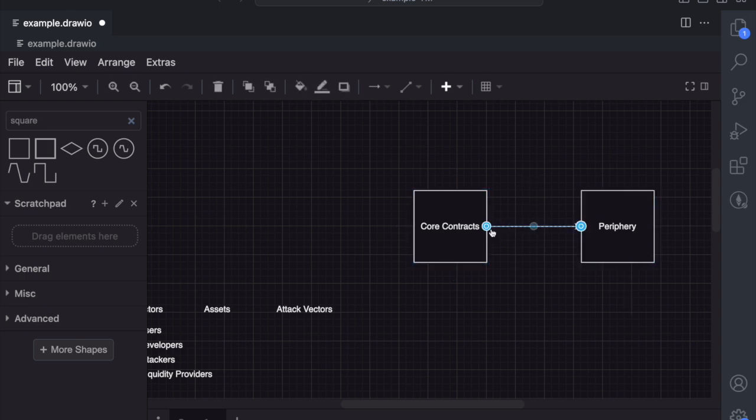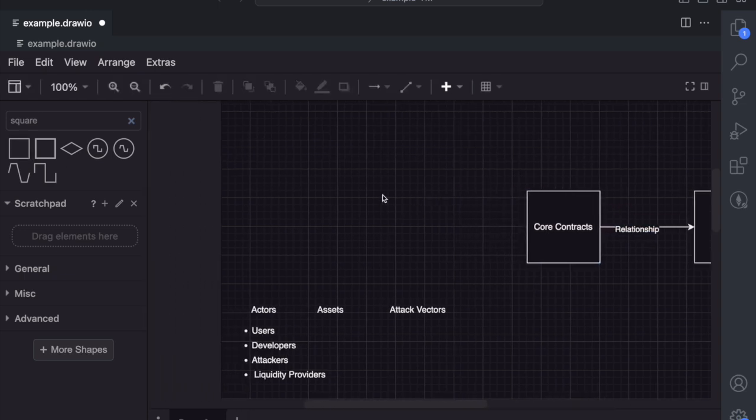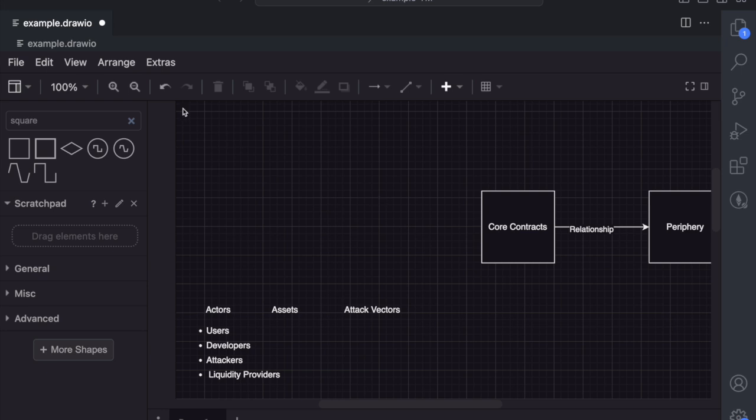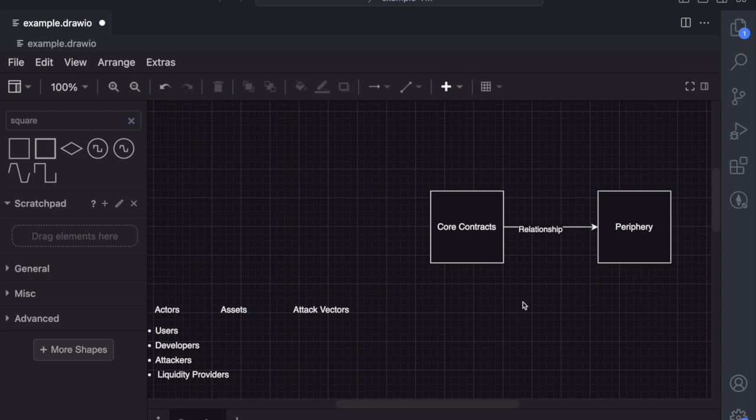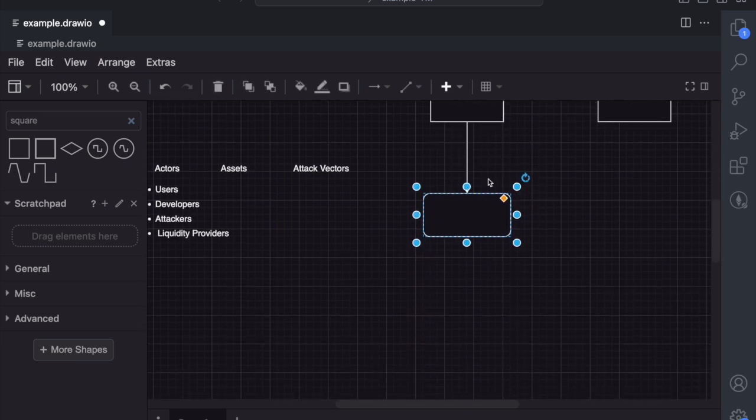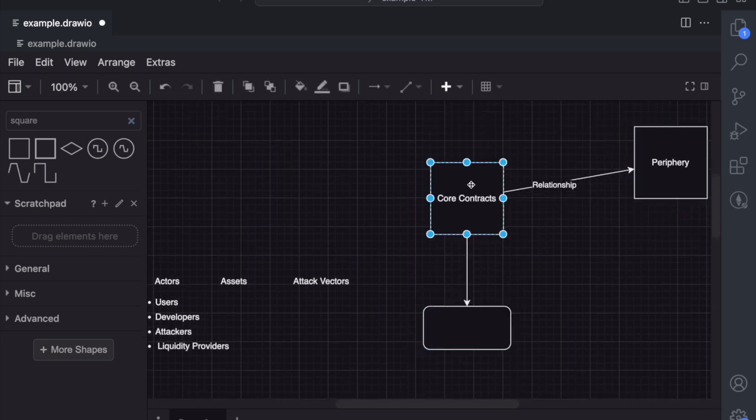And we can say like the core contracts reference periphery. We can write what is that relationship in here between the two. I might also do some interesting things like a sticky note that explains what the core contracts does and what periphery does. We may want to include some subcontracts within the core contracts.